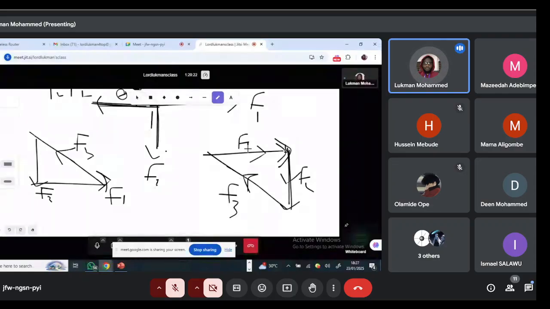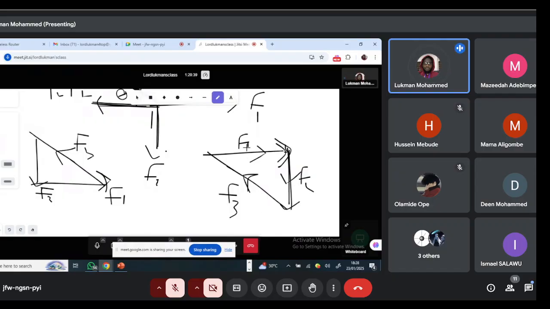F3 is the equilibrant of F1 and F2, because if you consider only F1 and F2, the vector that completes them is F3. If I consider F2 and F3, then the one that completes them is F1, so F1 is the equilibrant of F2 and F3.